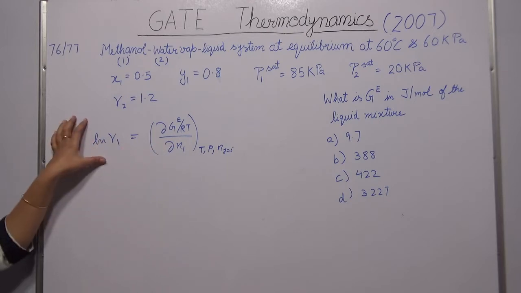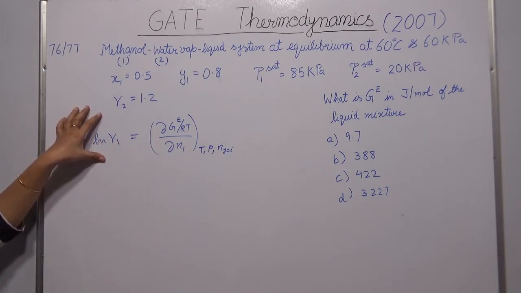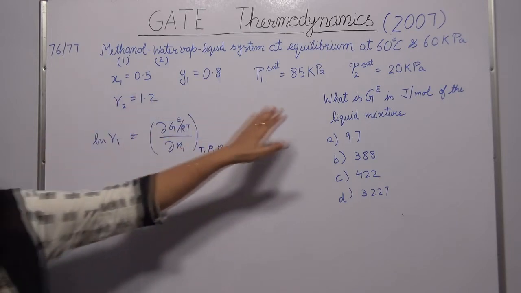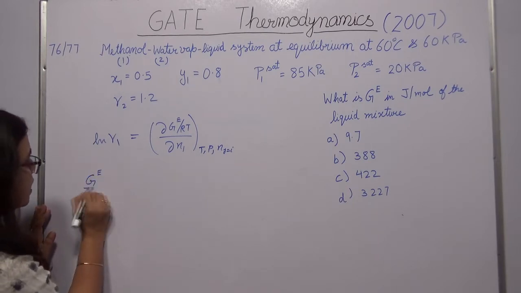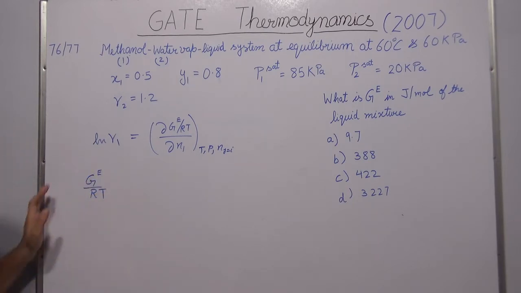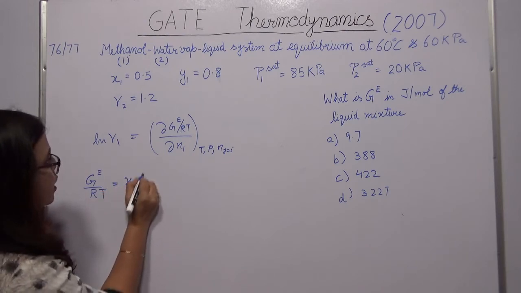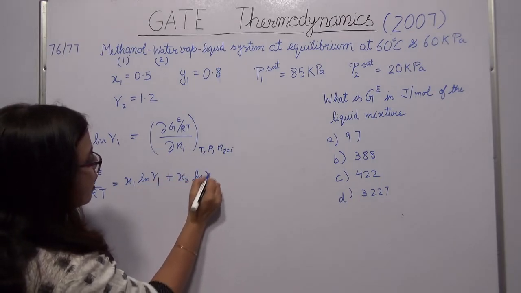If this is a partial molar property, I can straight away apply my summability relation to calculate the mixture property. So if I want to calculate GE, I am going to write it in this form: GE by RT is equal to x1 ln gamma 1 plus x2 ln gamma 2.